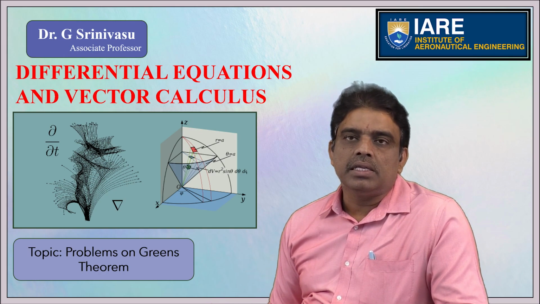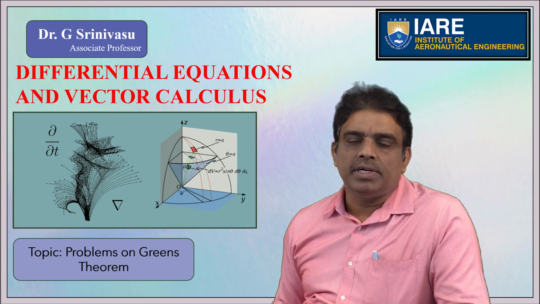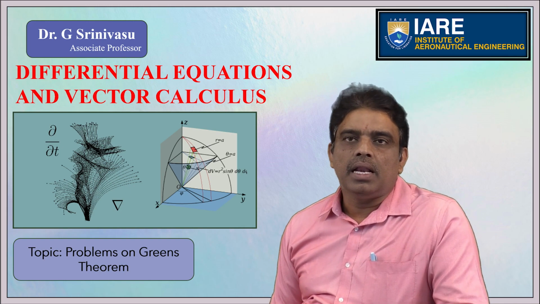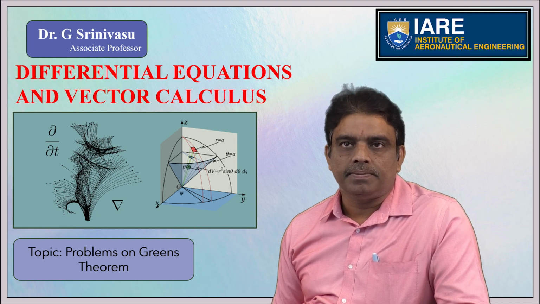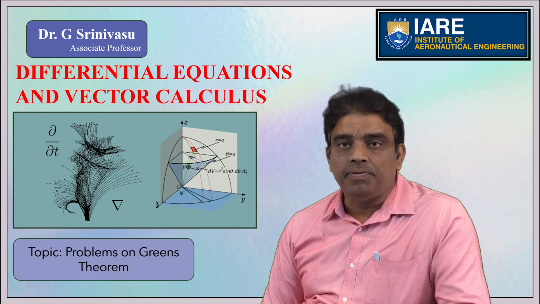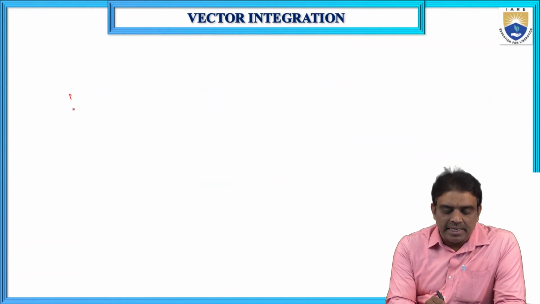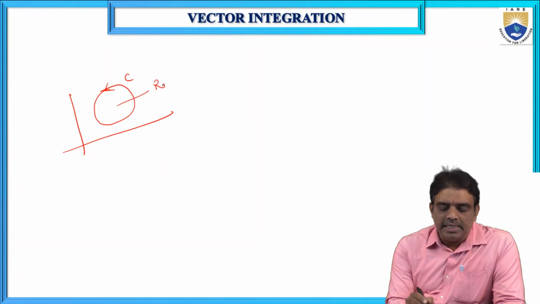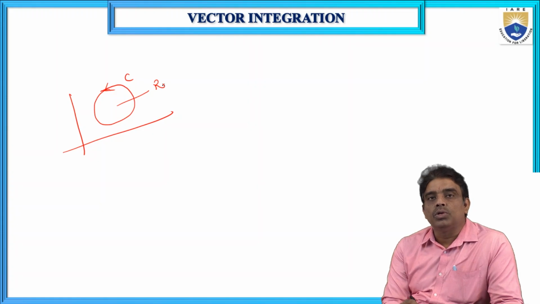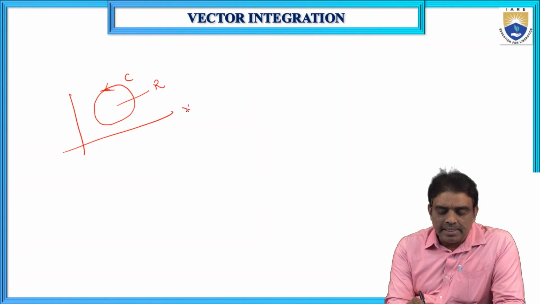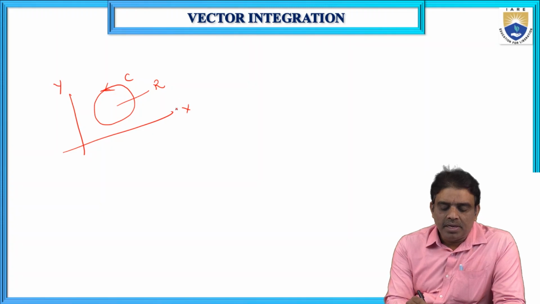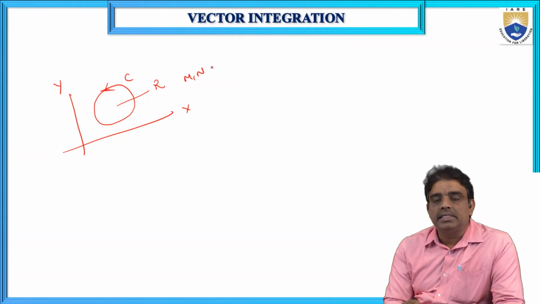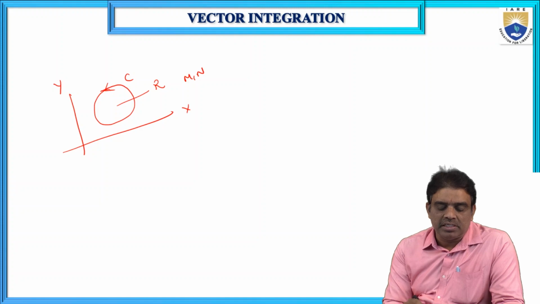So what is the statement of the Green's theorem? It is a transformation between line integral and double integral. Suppose C is any closed curve, and R is the region bounded by the closed curve C, and M and N are two continuous and differentiable functions defined on this curve.